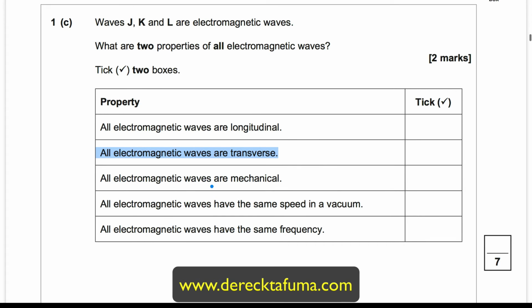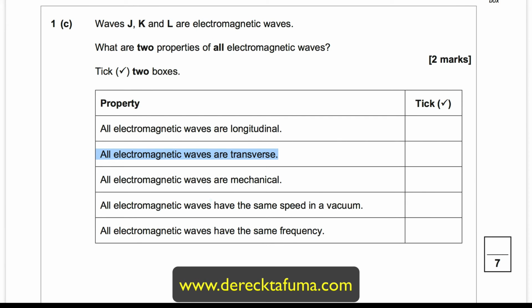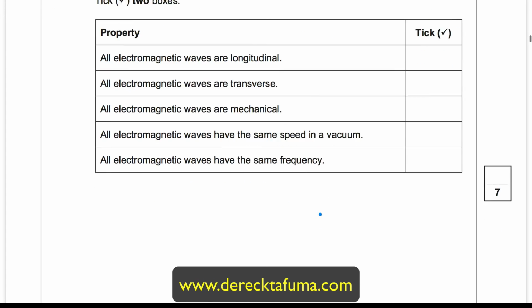That is not true. All electromagnetic waves have the same speed in a vacuum. That is correct. And all electromagnetic waves have the same frequency. That is not correct. So the two answers are the second one and the second from the last.